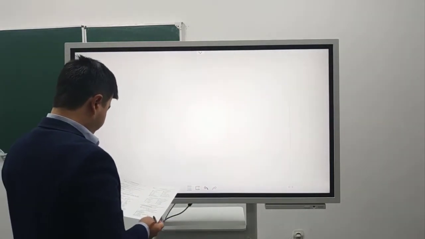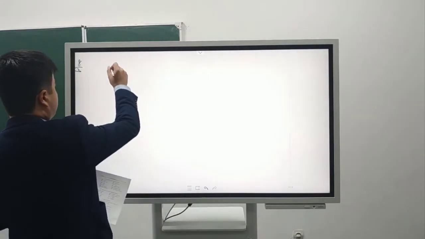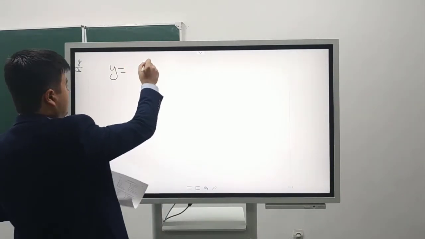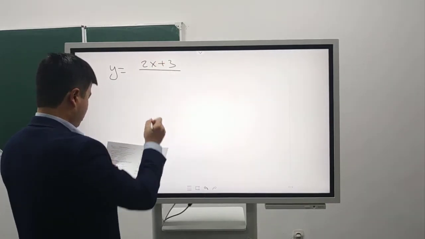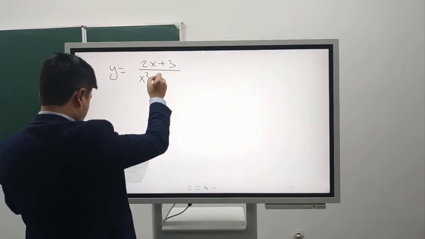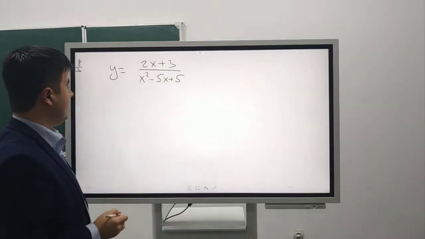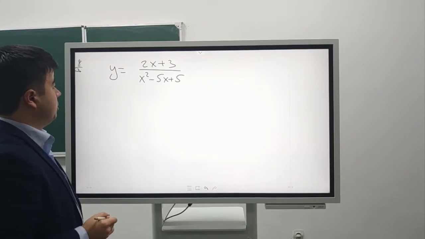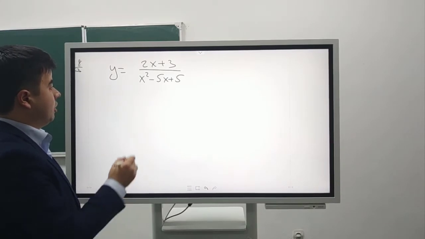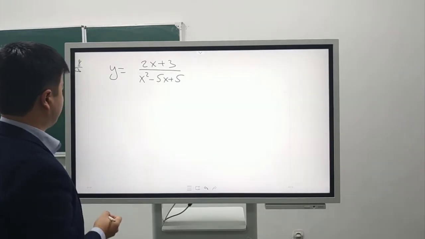Okay, for example, y is the function of 2x plus 3 over x squared minus 5x plus 5. And now here we will use the rule of derivative of the division.